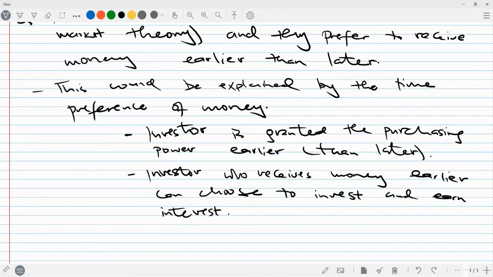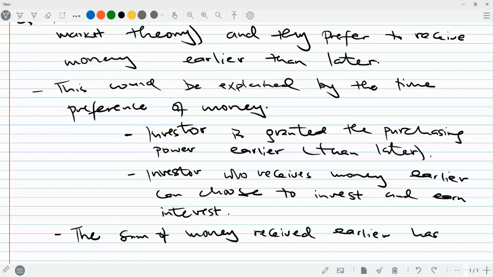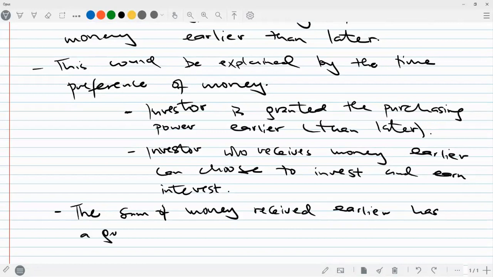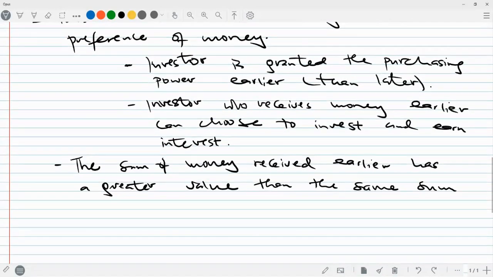That having said, therefore, for the investor, a sum of money received earlier has a greater value than the same sum of money received later.